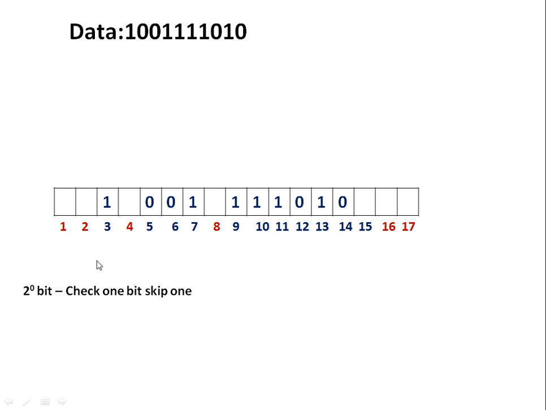This formula is applied from the parity bit's position. So we consider the bit at location 1, then skip the second, consider the third, skip the fourth, consider the fifth, skip the sixth. These are the bits which are going to be considered in the calculation of the parity bit.